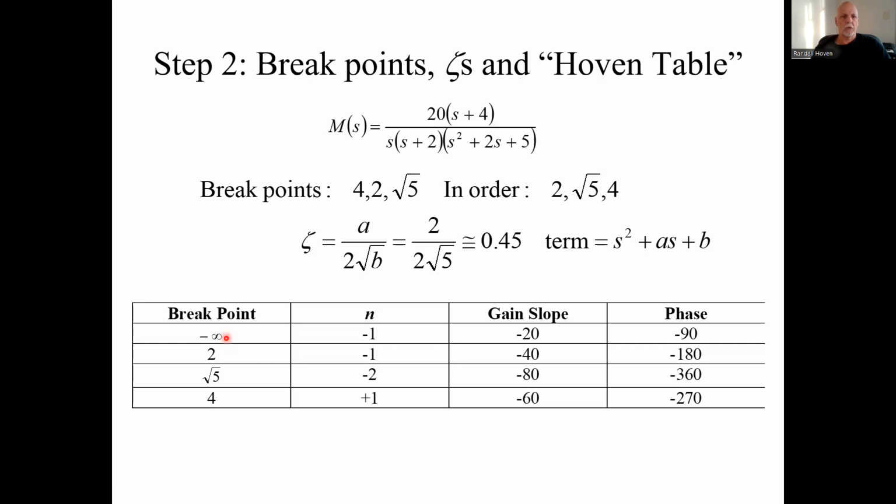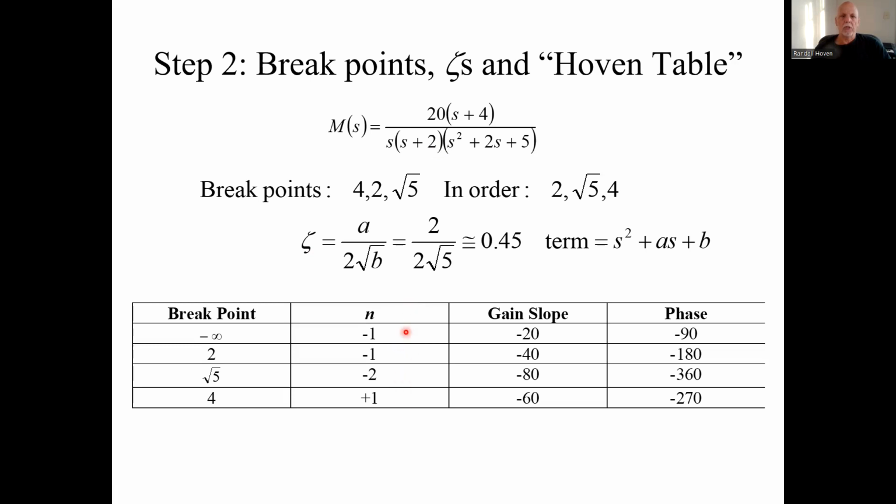So in the order they come in, this guy at minus infinity, or the guy at the origin, he's in the denominator, so that's a minus 1. Next guy is a 2, he's in the denominator, that's also a minus 1. Square root of 5 in the denominator, but it's a complex term, so it's a minus 2. And then this term is in the numerator, it's a plus 1.